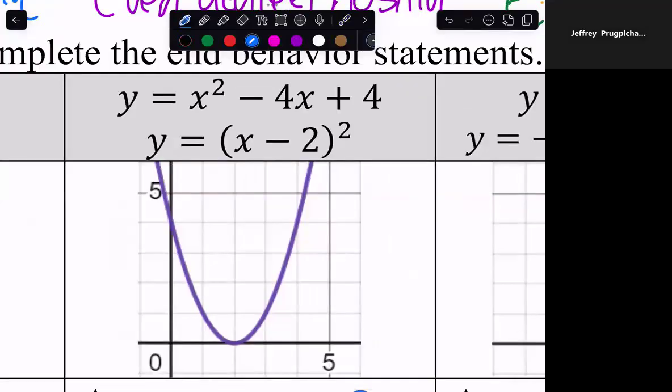Okay, so here we have x minus 2 in parentheses squared. So again, to find the root, you would just set it equal to 0. First, you need to undo the exponent of 2, so you can square root both sides. And then to undo the minus 2, you add 2.